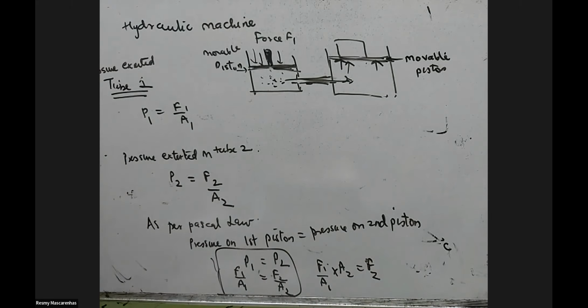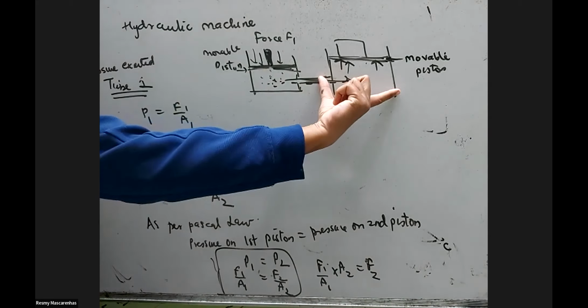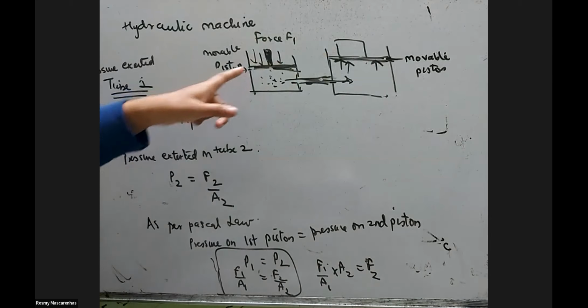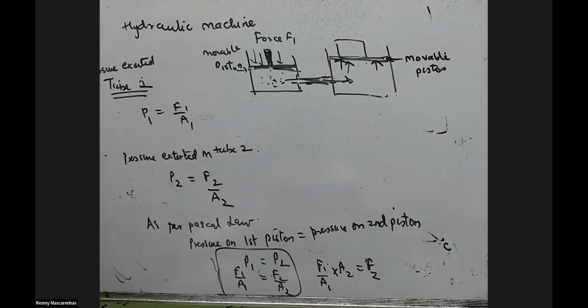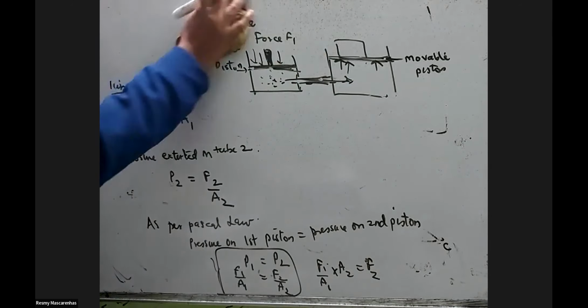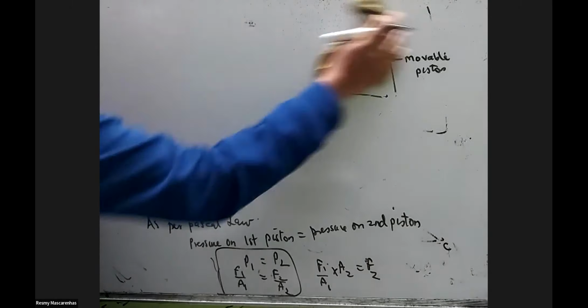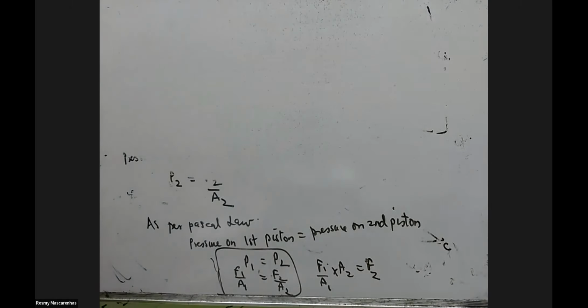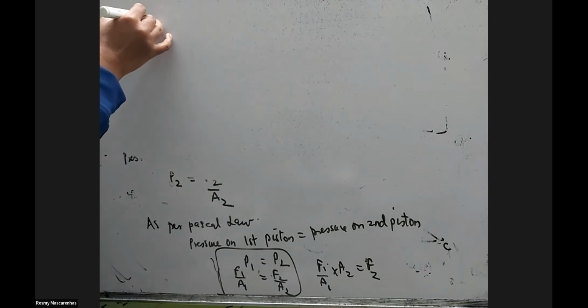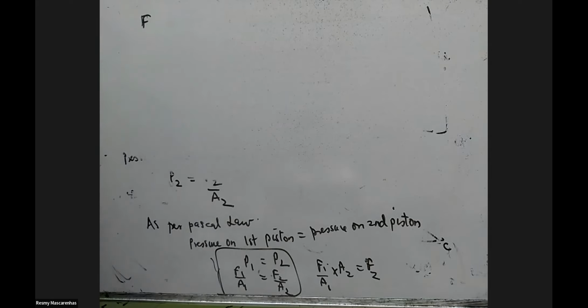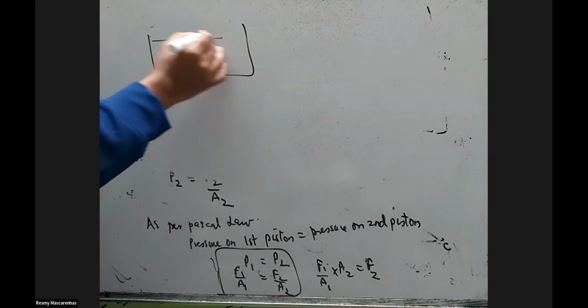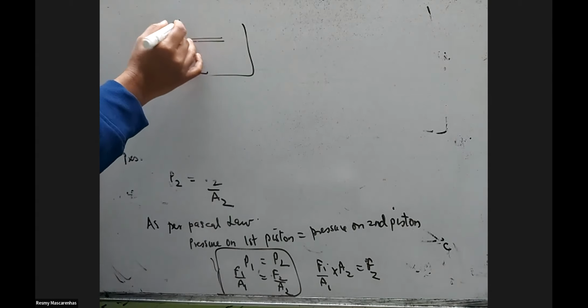Why is this side kept small and this side kept bigger? Imagine you had a big area here. Bigger the area, what is going to happen?